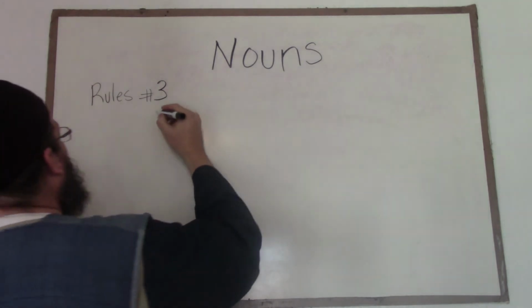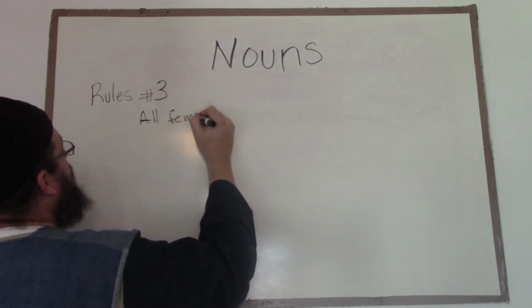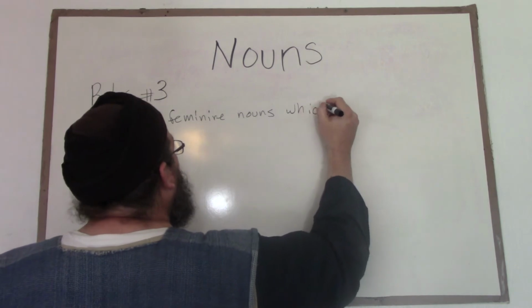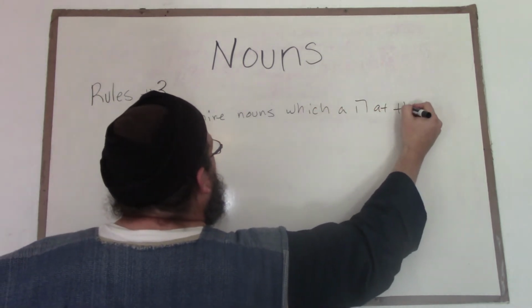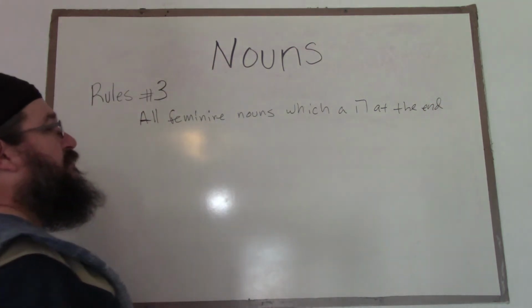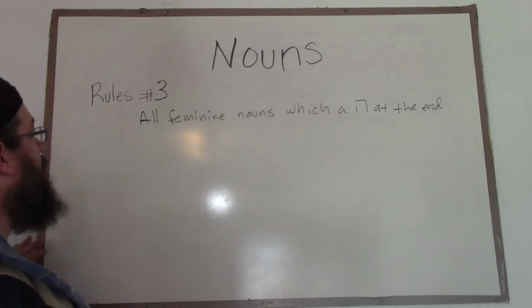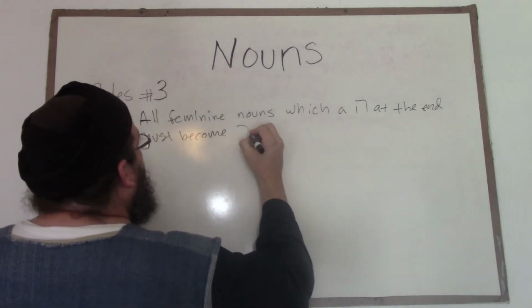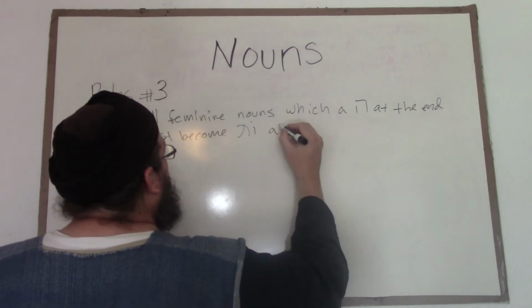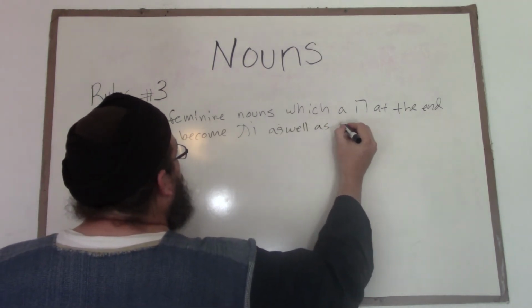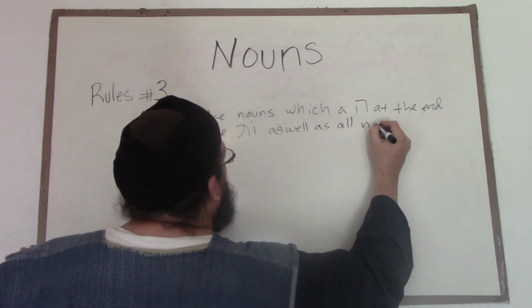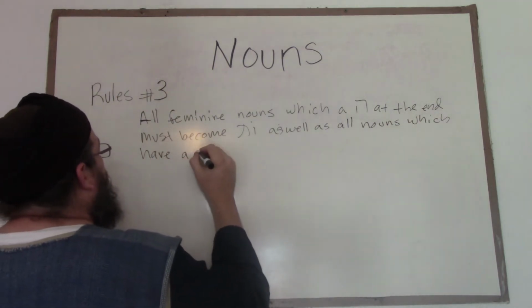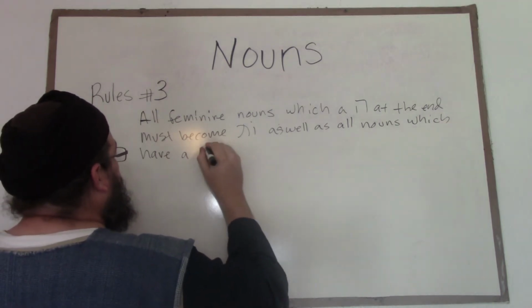Rule number 3 is all feminine nouns which have a hey at the end must, okay, become ot, as well as all nouns which have a tav. Alright?